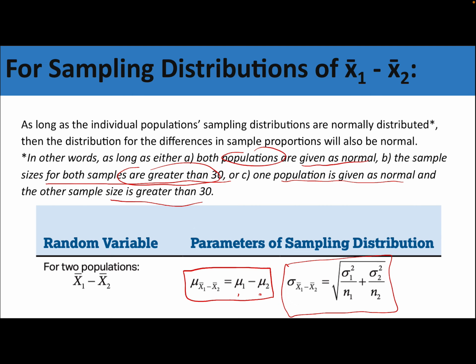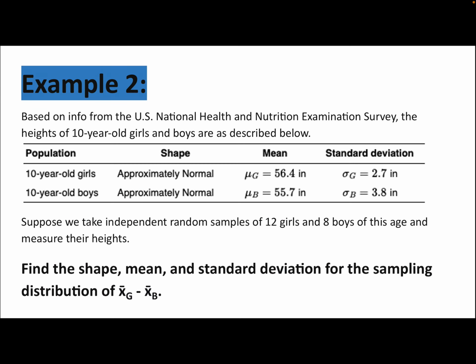Again, it's very similar to our standard deviation for single populations. We just kind of have to add them together, and because of the way that it works with standard deviation, it looks a little different. But this is our formula right here for standard deviation. So standard deviation squared for group 1 divided by sample size for group 1 plus standard deviation squared for group 2 divided by sample size for group 2.